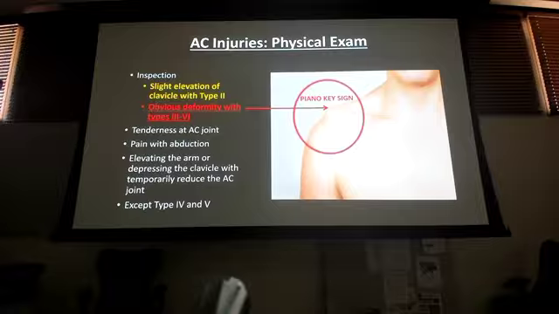But in generality, what I want you to get to with this picture, and I changed this, is that when you look at that and you see that, that's called a piano key sign. Everybody knows what a piano key is, right? You know that some of the keys are black and some of the keys are white, right? When you depress a key, it goes down, and when you let it go, it goes up, right?